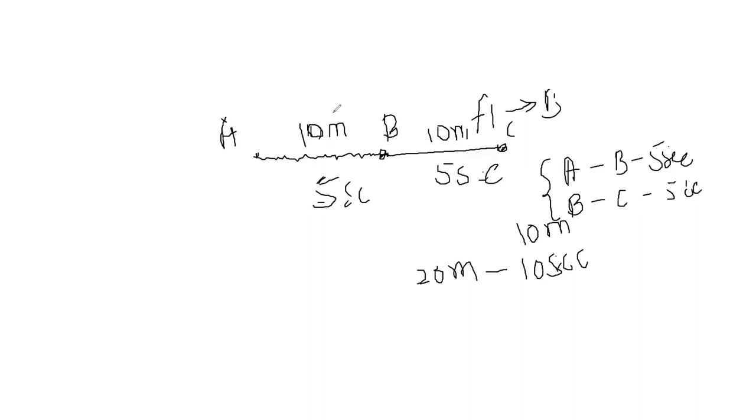So over here, it travels an equal distance in an equal time interval in a straight line, with constant speed plus constant direction. Constant speed plus constant direction is called velocity.